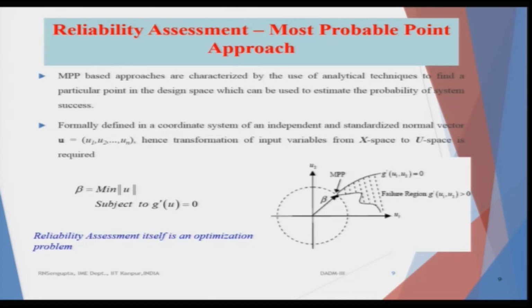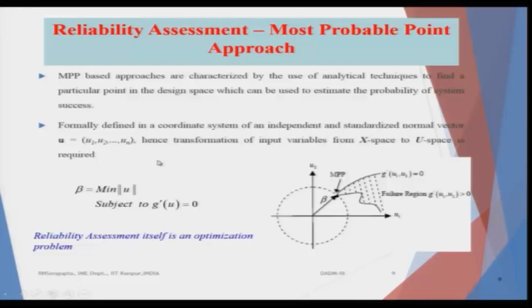Then you utilize that value of u star, or u star 1, u star 2, whatever it is, to report that the optimization is being done in the u space. It is formally defined as a coordinate system of independent and standardized normal vectors. Here it is important that in the u space, all the variables have been transformed into u1 to un, and all of them are orthogonal.